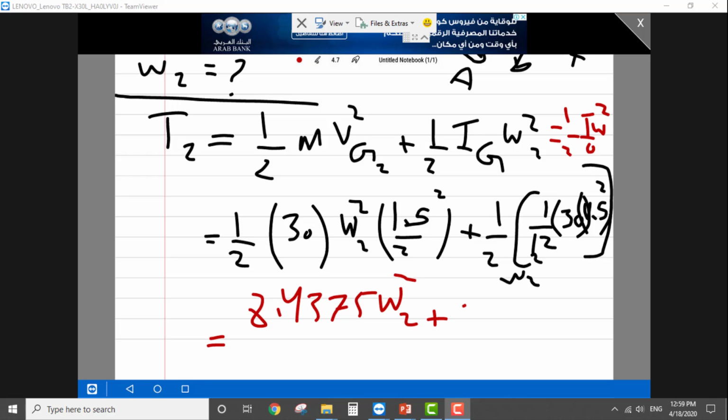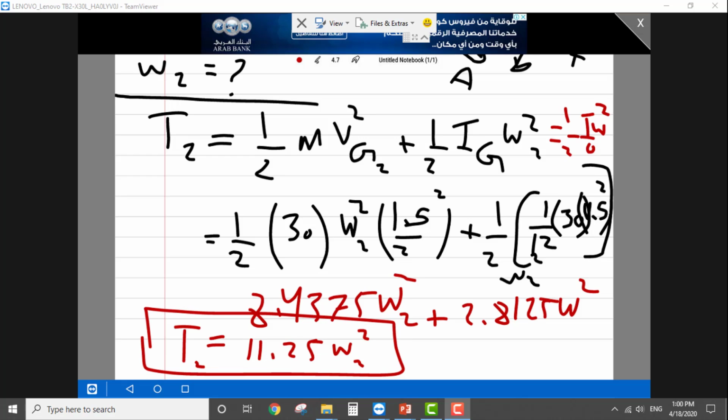So here we have 2.8125 omega squared, so T2 is equal to 11.25 omega squared. I'll name this equation as equation 1.